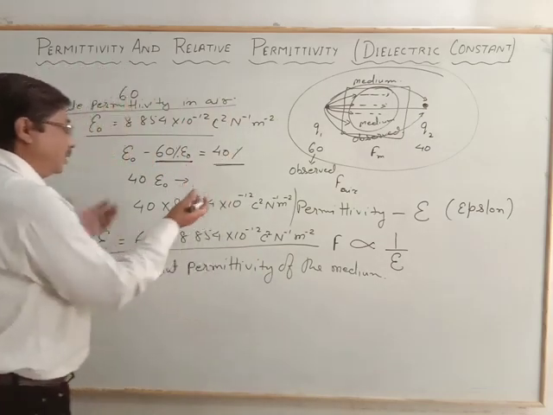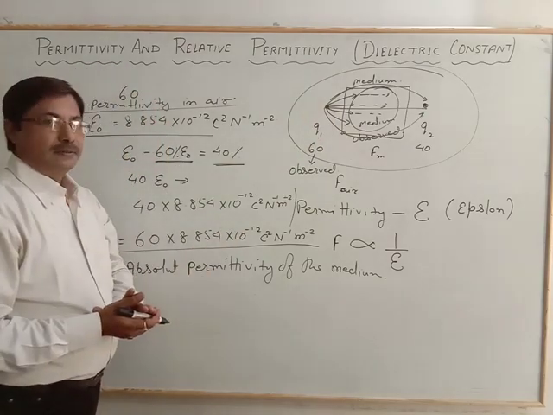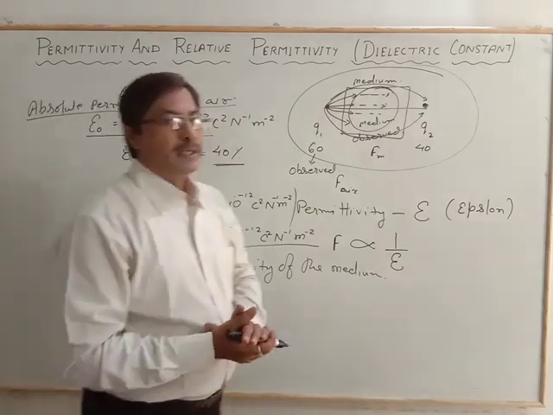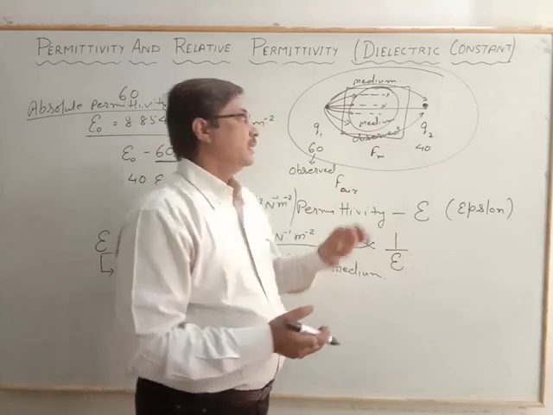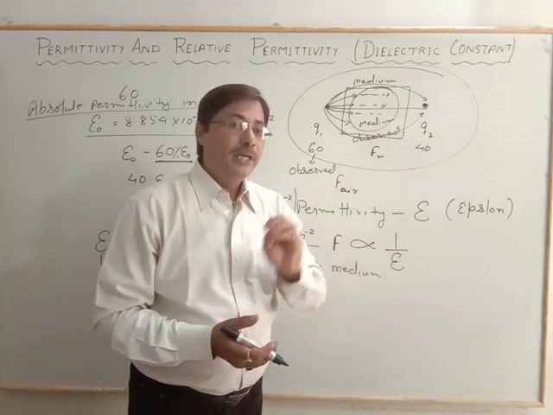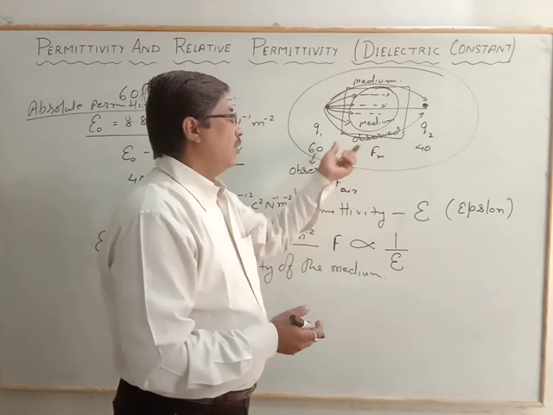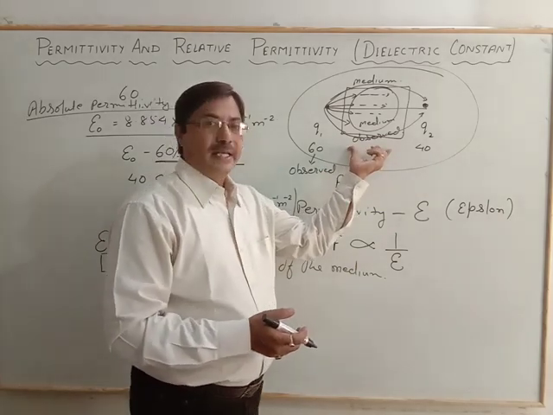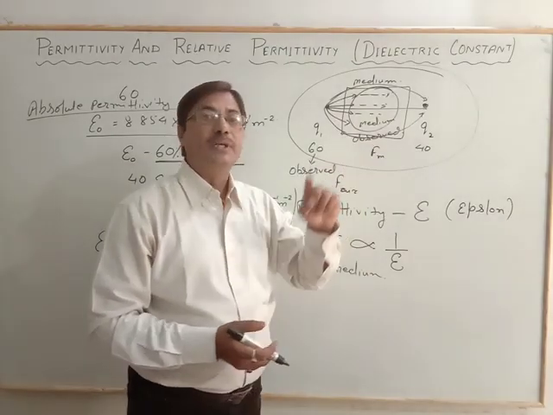That also relates to the relative permittivity or dielectric constant. So what we now have as the conclusion is that the word permittivity shows how much the electrical lines are observed by the medium itself, and that is known as permittivity.